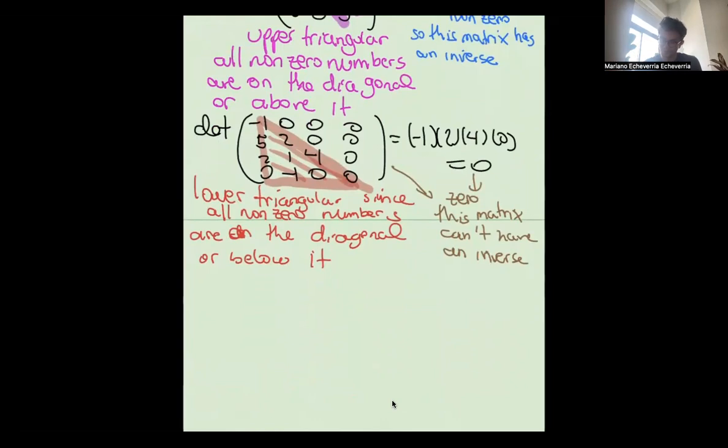So the first property, the determinant and the row operations.